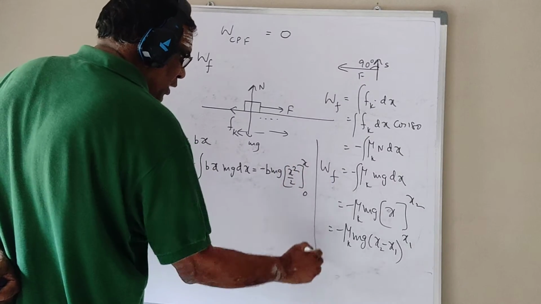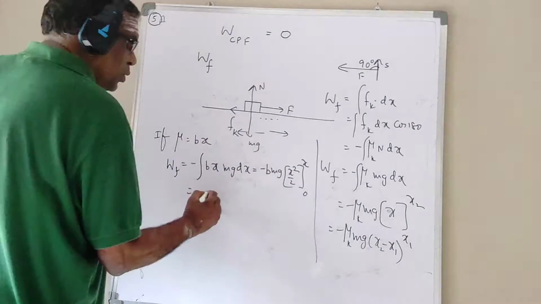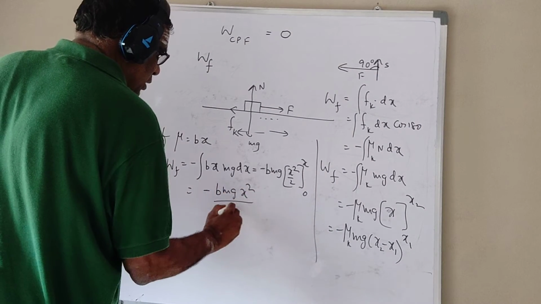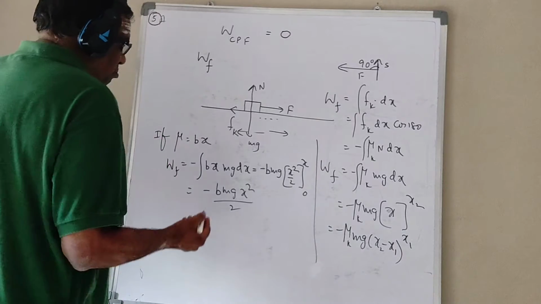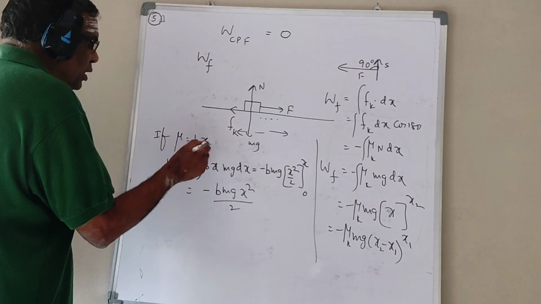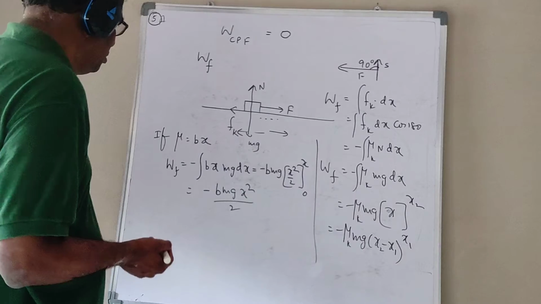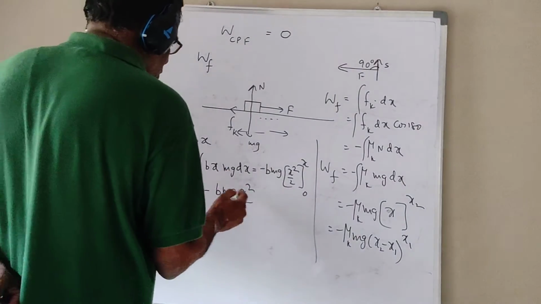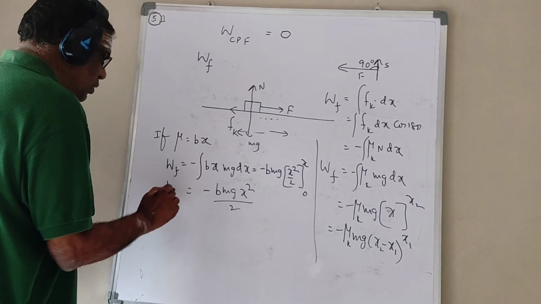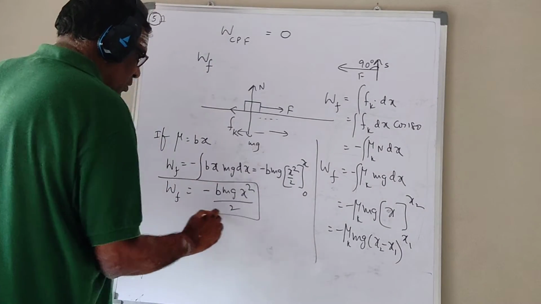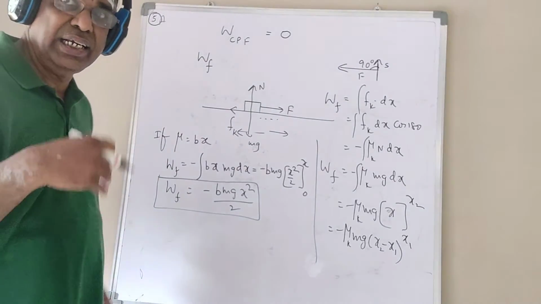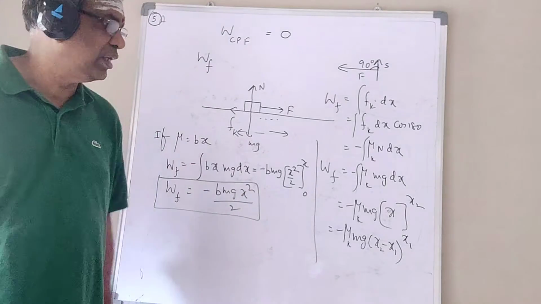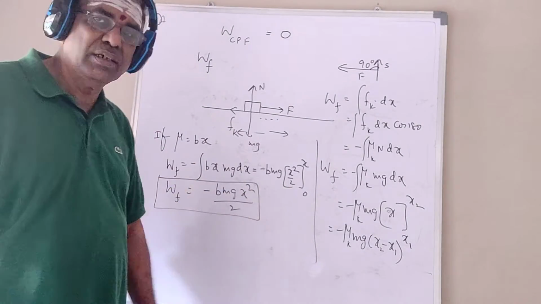Maybe 0 to x you can take. So you have minus bmg x square by 2. Now if you wish, you can write it as mu by x. No problem, whichever way you want you can do. This is the work done by friction. If I ask what is the work done against friction, you have to give a positive sign. Against friction means negative of that. Okay? This is the work done by kinetic friction.